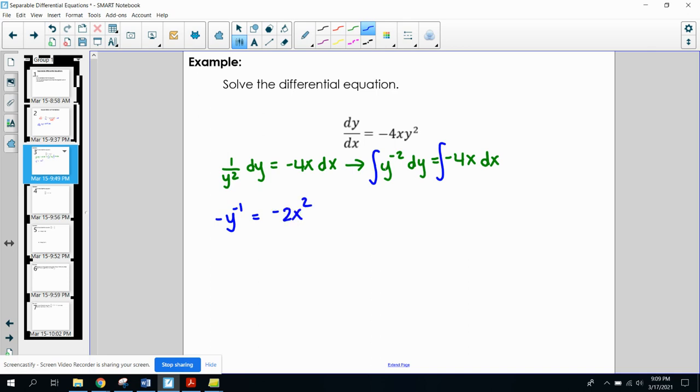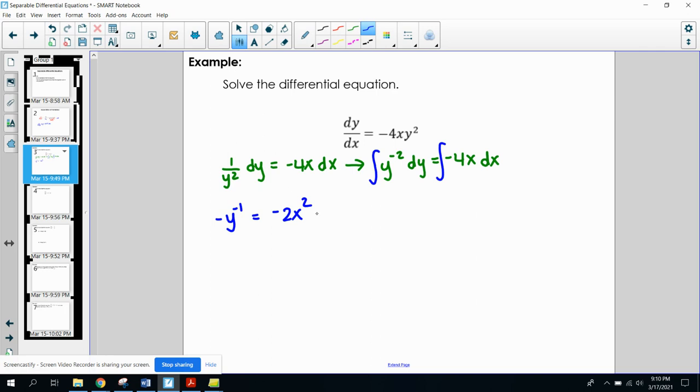Now, since this is an indefinite integral, I have to include that plus c. Technically, there's going to be a plus c with the y and a plus c with the x because I'm taking the antiderivative of both. But because I have a constant, I can move constants around, and my result is always going to be some constant.